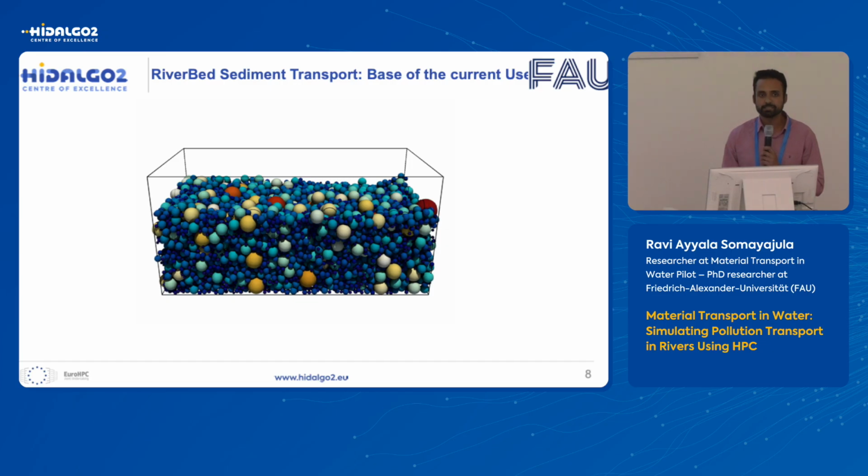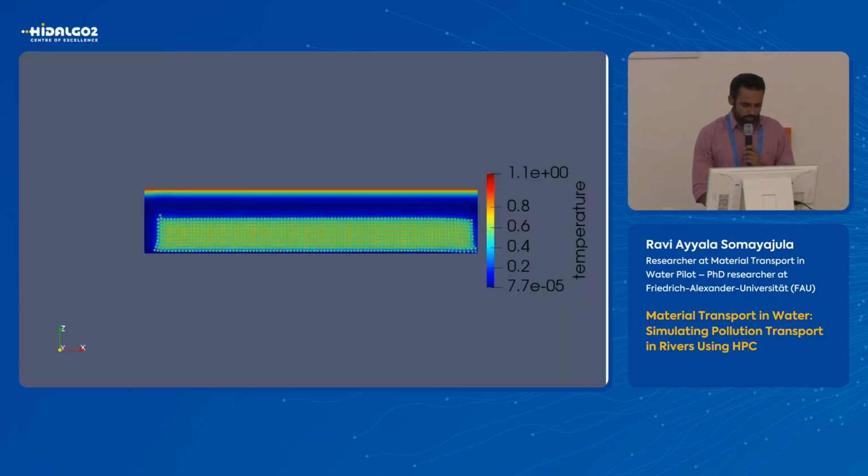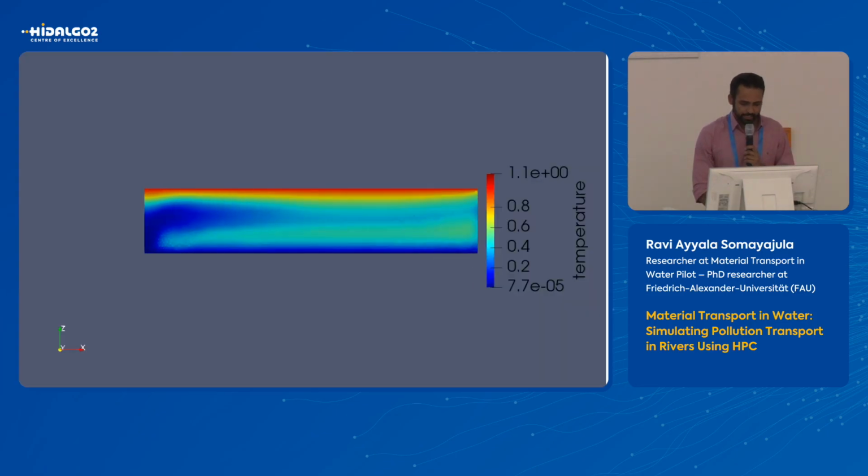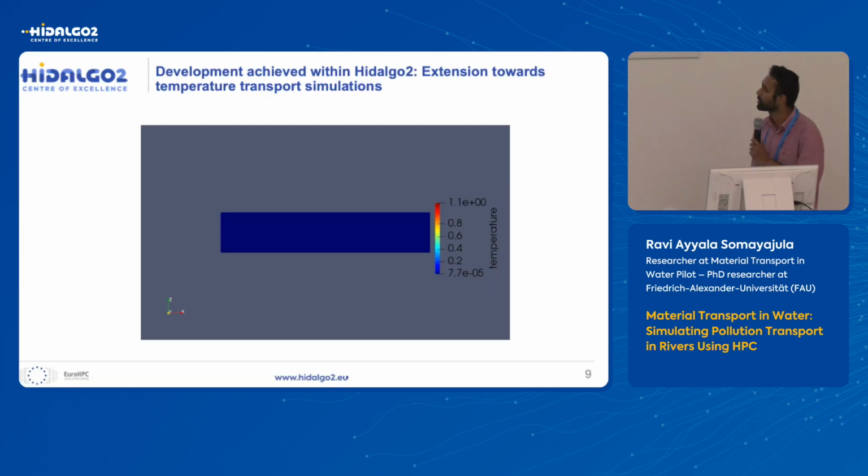It was to extend this from this point into incorporating temperatures. So this is a very simple visualization in ParaView of the temperatures of particles and fluid. The particles and fluid both carry a temperature, and how they interact with each other is a very simple showcase.